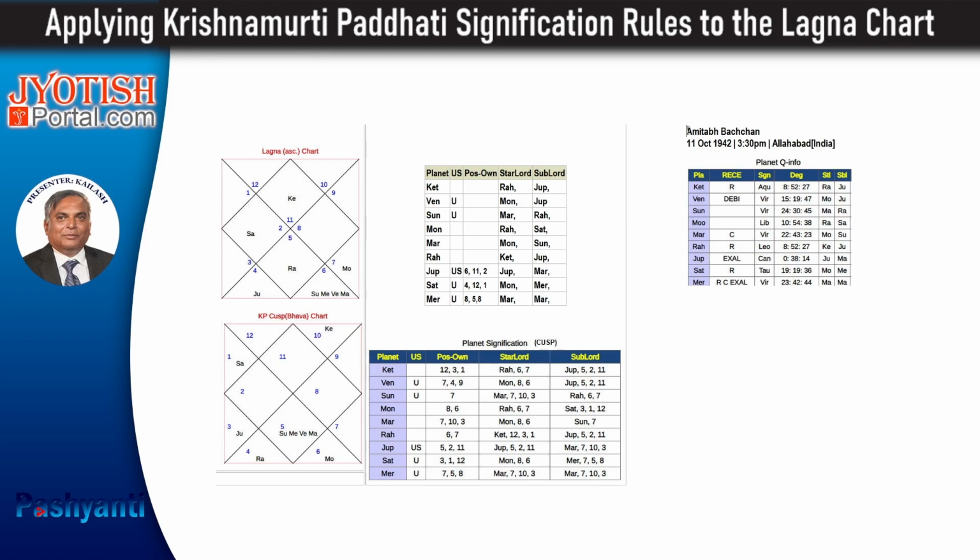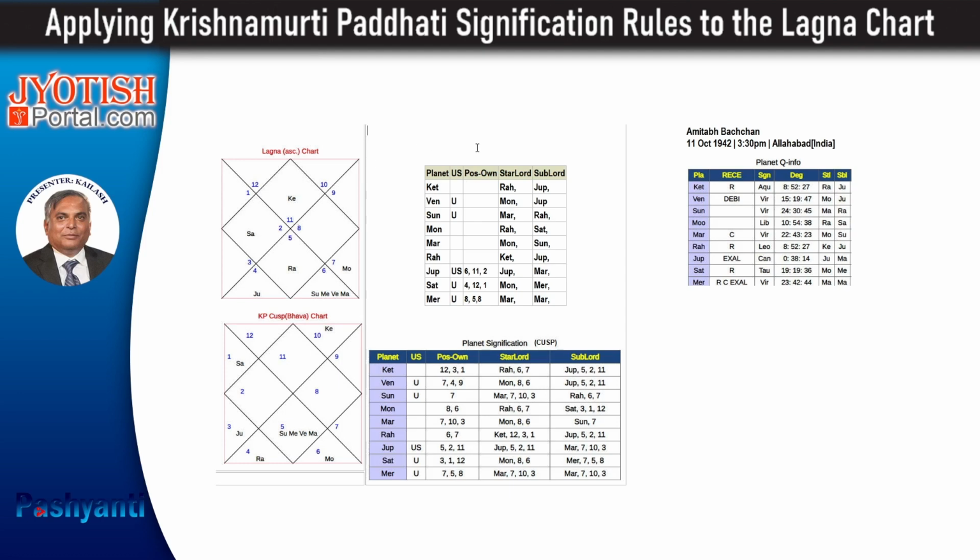And we are going to experiment on the Bollywood star Amitabh Bachchan's horoscope. So the first thing we have to do is populate these values depending on the Lagna chart.